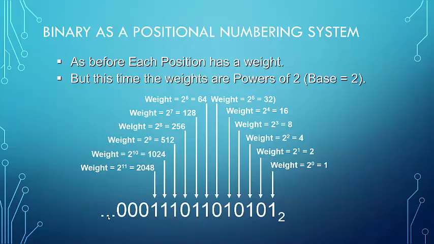But again, notice that our weights are powers of 2, starting with the 0 power for bit position 0. This 1 on the right-hand side is considered to be the least significant bit in the bit 0 position.